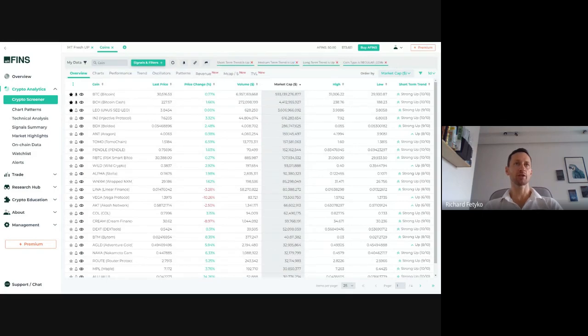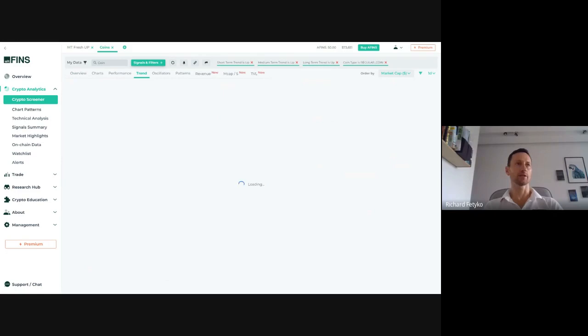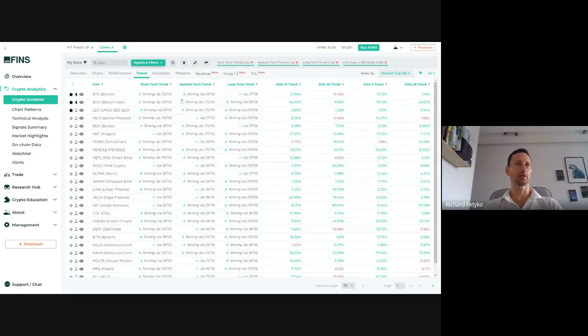It says short-term trend is up. So let's check all the trend ratings here on the trend tab. Short-term trend is up or better than up, which is strong up. Medium trend is up, and long-term trend is up as well. Now, you could relax this and say, well, short-term trends can change abruptly, so I'm going to take that out of the filter.